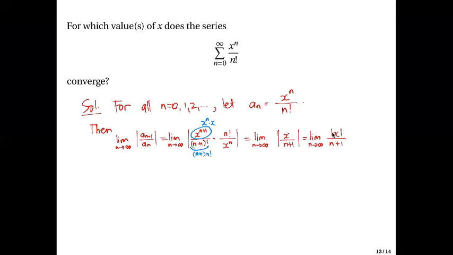Furthermore, x is free of n, so you can take the absolute value of x out. This will be equal to the absolute value of x times the limit as n approaches plus infinity of 1 over n plus 1.